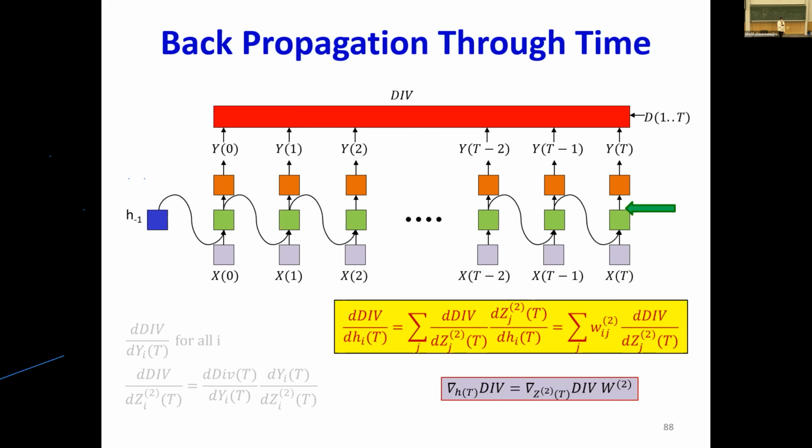We multiplied it by the weight, correct? Does everybody remember that? This should not have been a doubt, right? So the next thing I would do is to just multiply this by, I think I call that W2, correct? That gives me the derivative with respect to HT.